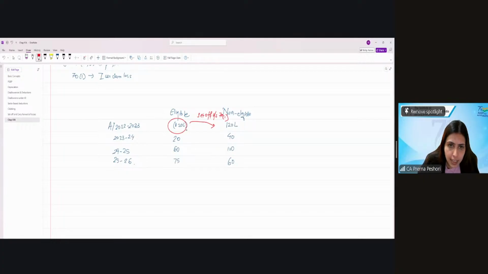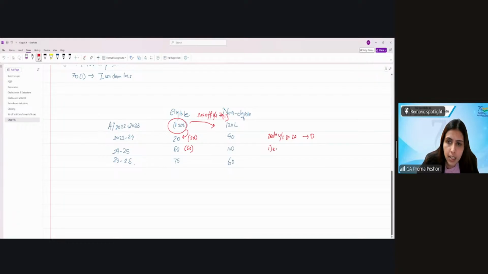So what we will do is, next year, we will set off 20. So here my deduction under ICAI for this year is 0. What is then remaining? 100 lakhs. Again, I will set off against this 60. What remains here again?